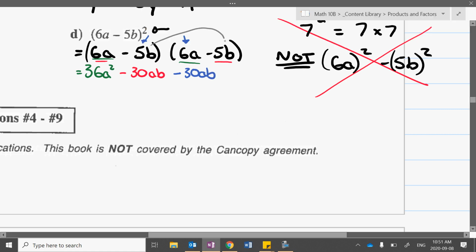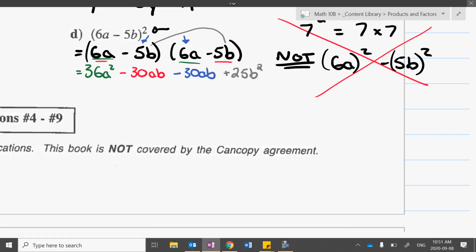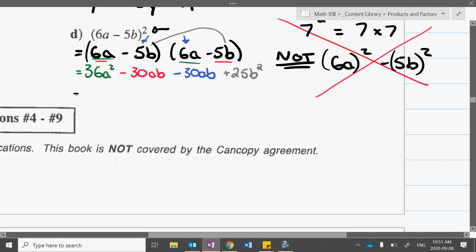And then my last, I get positive 25b squared, which gives us 36a squared minus 60ab plus 25b squared. That is your correct answer.